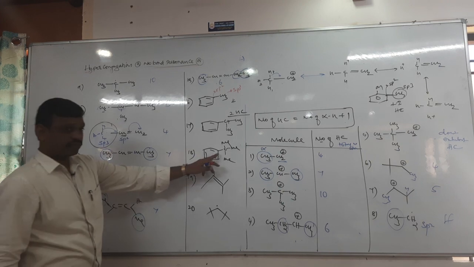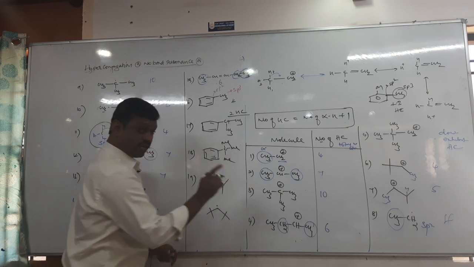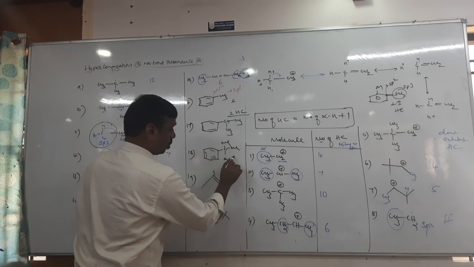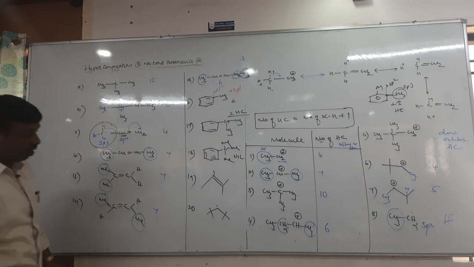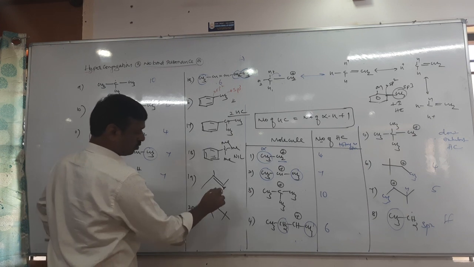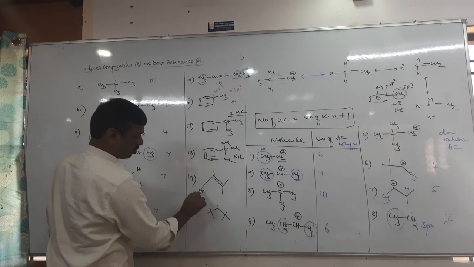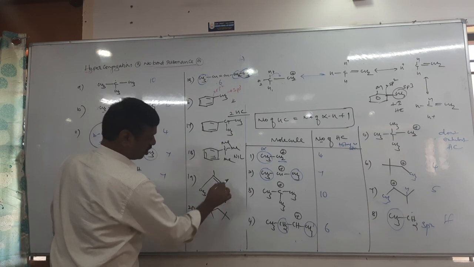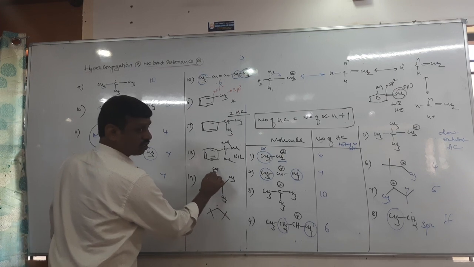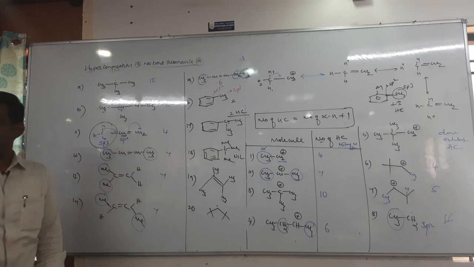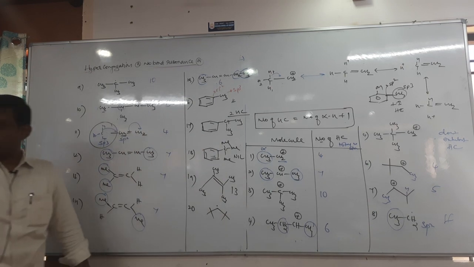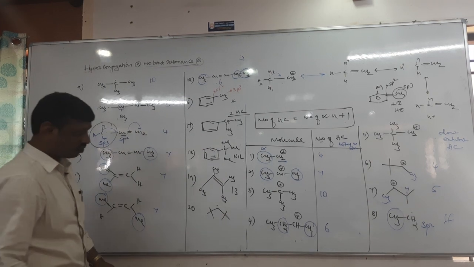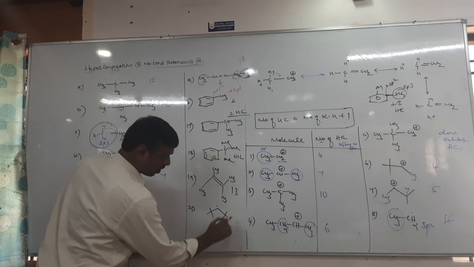Okay, next. Is there any hyperconjugation? No, means nil, no hyperconjugation structures. Next here, CH3, CH3, CH3, CH3, 12 plus 1, 13 hyperconjugation structures possible. Next, nil, no hyperconjugation.